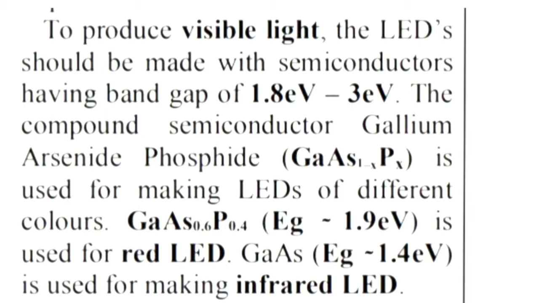For example, if x is 0.4, the compound is GaAs 0.6 P 0.4. Its band gap energy is 1.9 electron volt and it emits red light. Like that, different colored LEDs are made using this particular compound. Gallium arsenide, whose band gap is 1.4 electron volt, is used for making infrared LEDs. Infrared LEDs are common in remote controls.